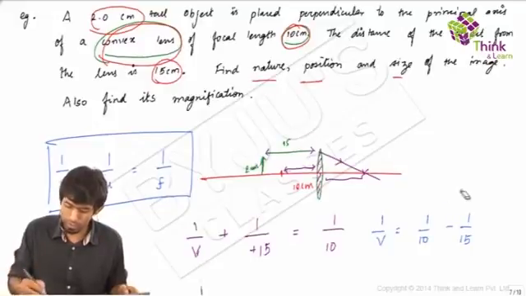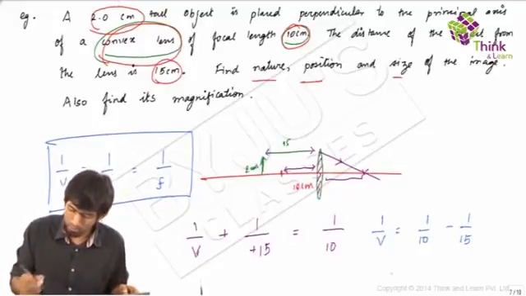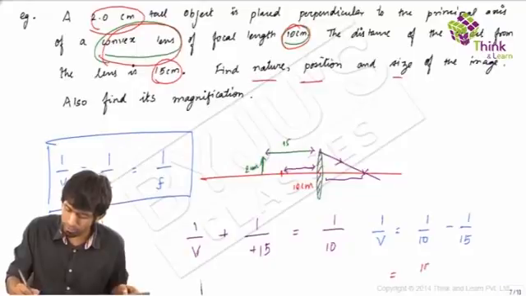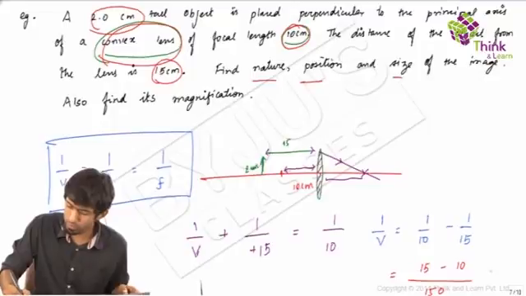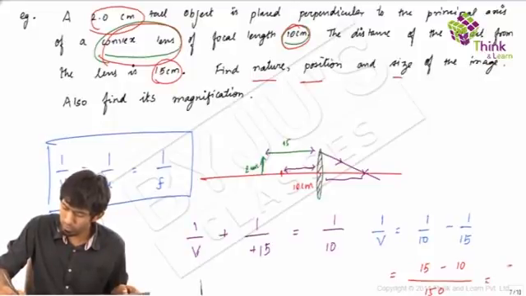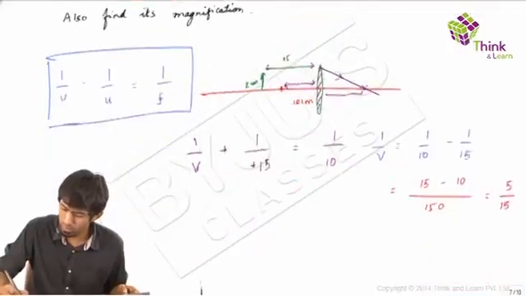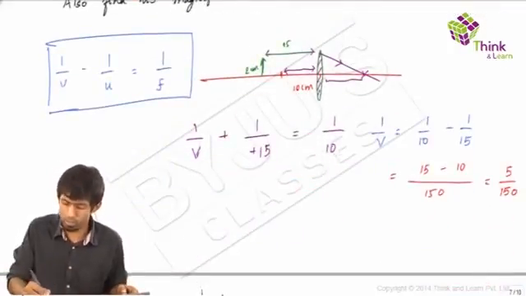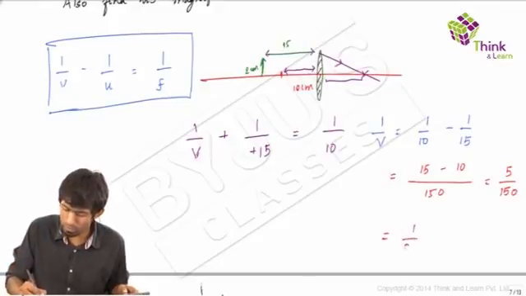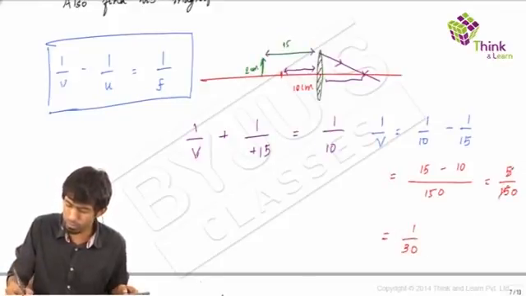So if you calculate this, again doing it by our very, very inefficient approach, 15 minus 10 divided by 150. It's going to be 5 divided by 150. Great. And what is that? 5 divided by 150 is 1 divided by 30, right? Because 5 and 15 can be cancelled out.